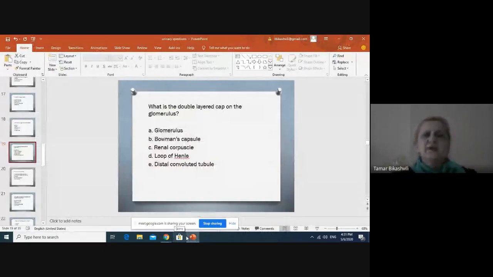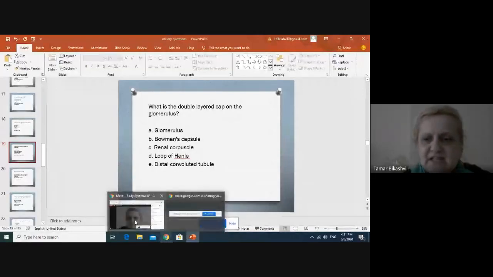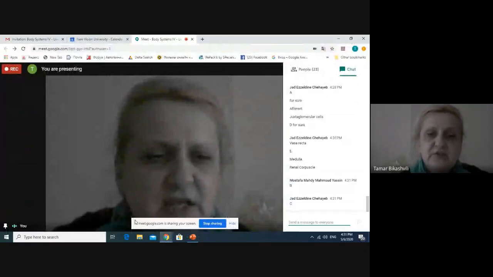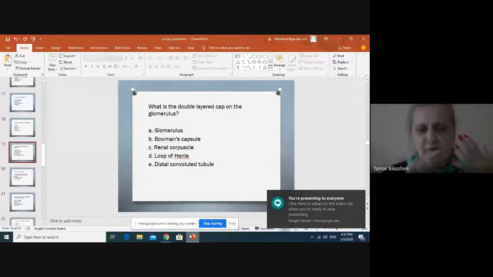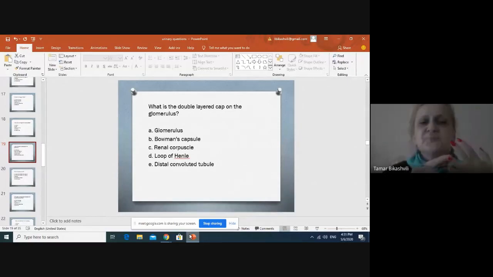I have received two different answers, B and C. The cap of the glomerulus is Bowman's capsule. Together, Bowman's capsule and glomerulus form the renal corpuscle.